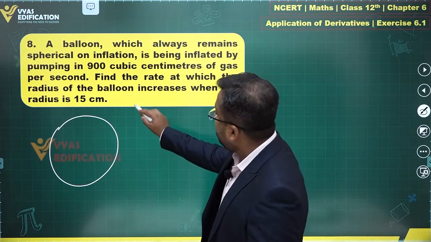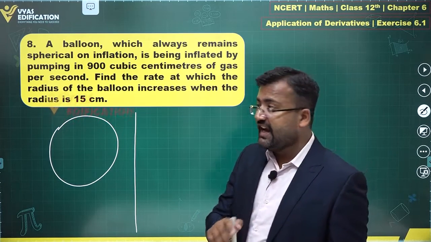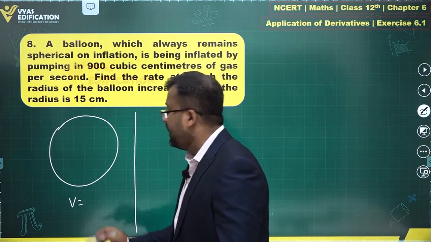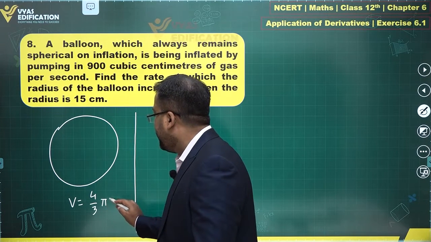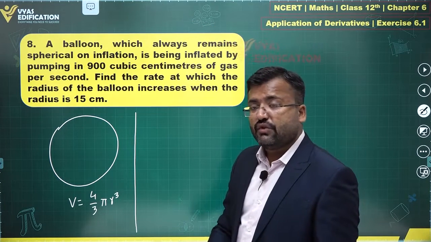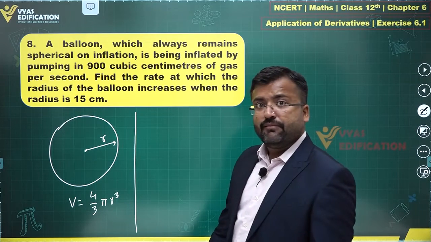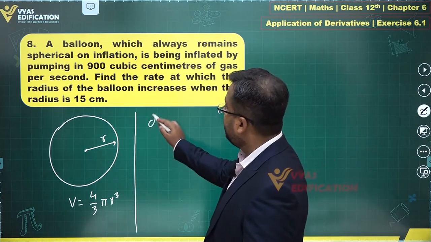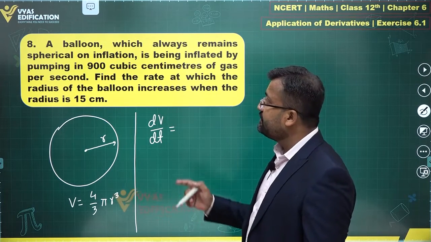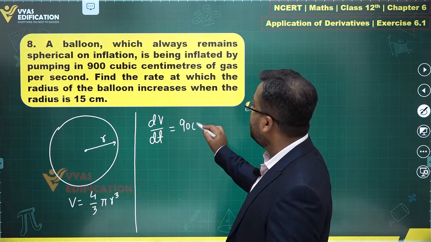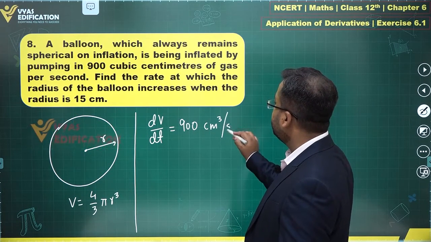Inflated by pumping in 900 cubic centimeters of gas per second, so volume is increasing at this rate. Volume of a sphere, now what is that? This is 4 by 3 pi r power 3, where r is the radius, right? So you are given that dV upon dt, the rate of change of volume with respect to time, is 900 cubic centimeters, which is actually centimeter cube per second.